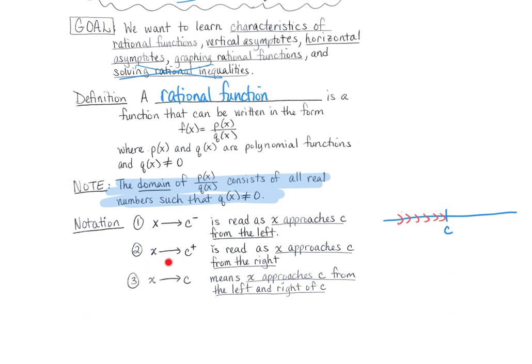How do we read this? x approaches c from the right. You expect to see c, and values are getting closer and closer to c from the right. And here, x approaches c means we're going simultaneously from the left and the right.